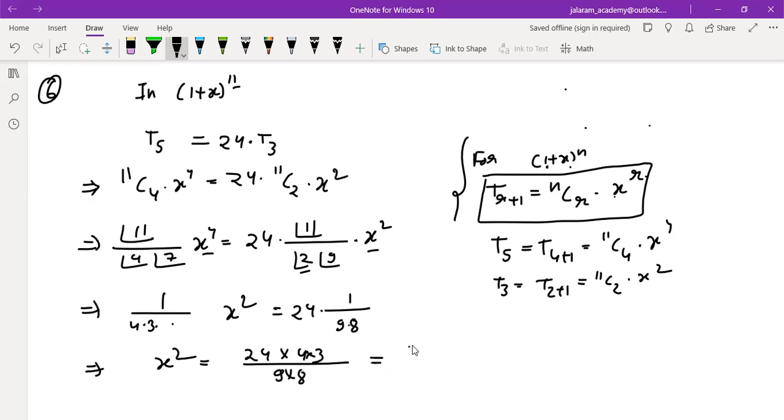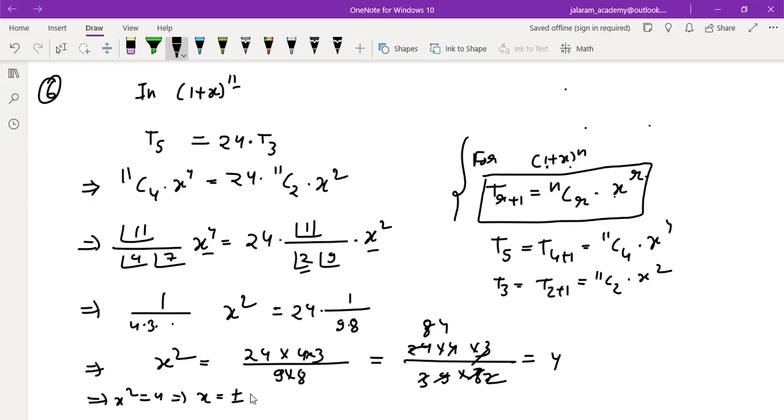So simplify this. 3 3s are 9, 4 2s are 8. 3 8s are 24, 2 4s are 8. So it is 4. So if x square equals 4, it means x equals plus minus 2.